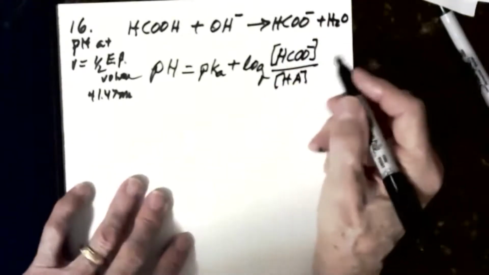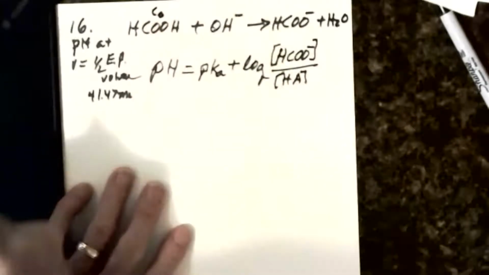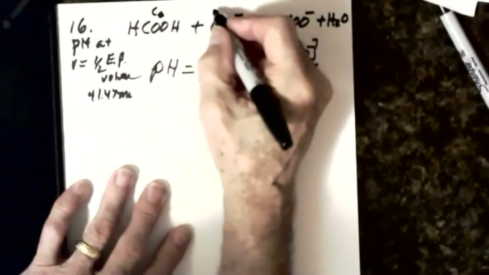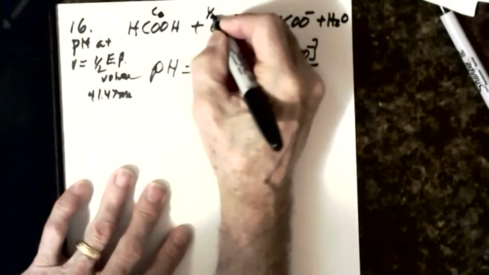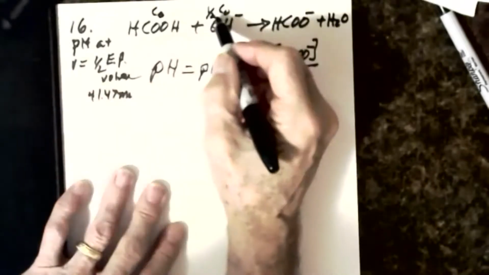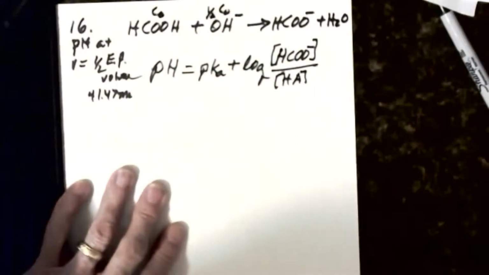So let's say C0 is my initial concentration of my acid. And what I'm going to do is react half of that, half C0 of base is going to be added. So it's going to be half of the amount it would take to titrate that to completion. That's what I'm getting at.